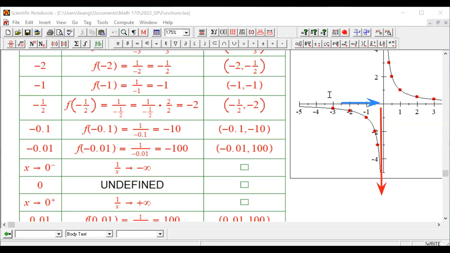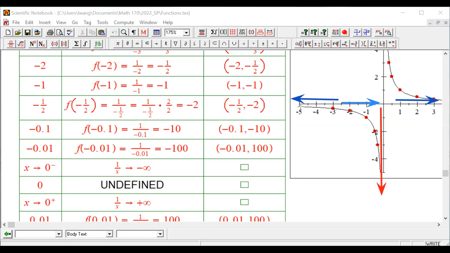Which is what happens if the input is approaching, I used the wrong color, what happens if the input is approaching negative infinity? What happens if the input approaches positive infinity? What happens to the output? You can see clearly in both cases they approach 0.